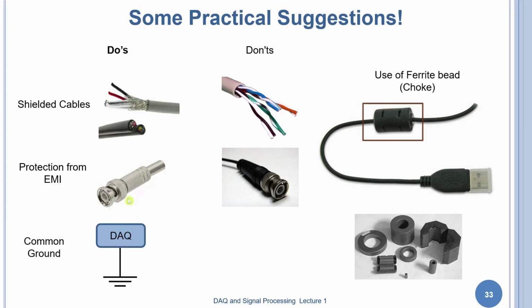Also, you cannot have a BNC end which is not shielded. Your cables might still protect you from EMI, but if your connectors are not shielded, you can have some EMI. So make sure even your connectors have shielding. Basically, buy a connector which has a metal casing.